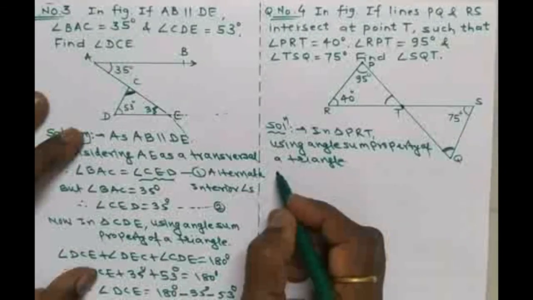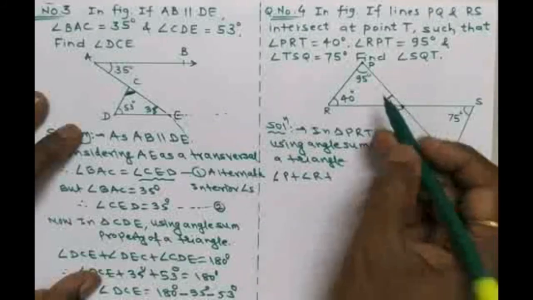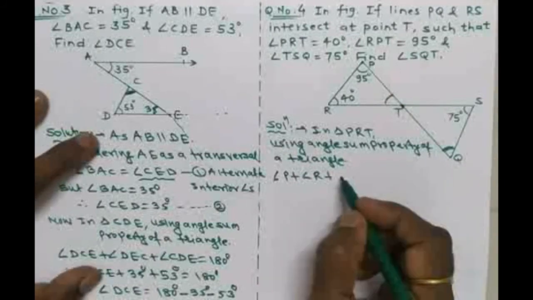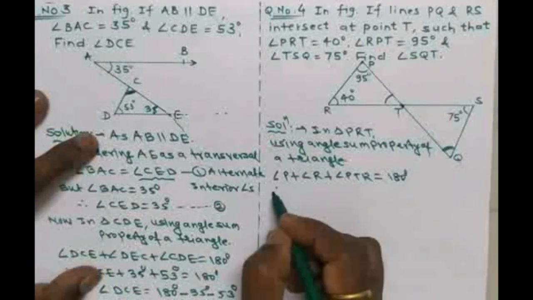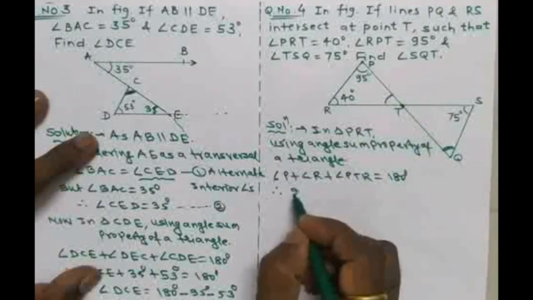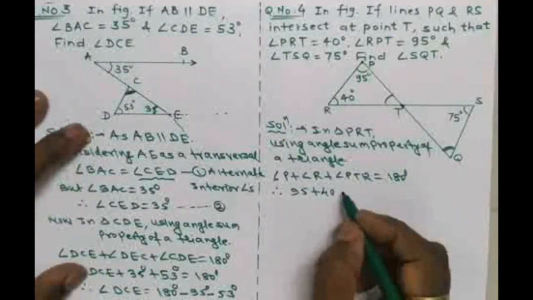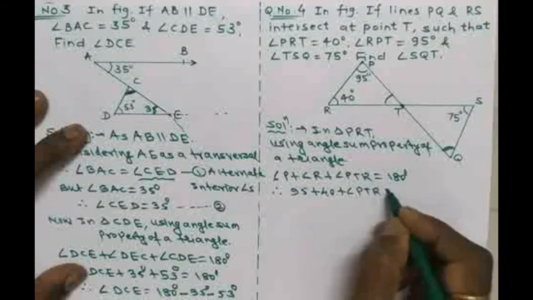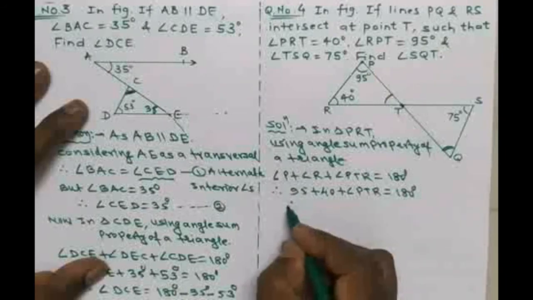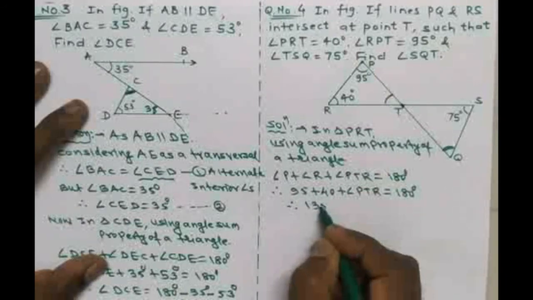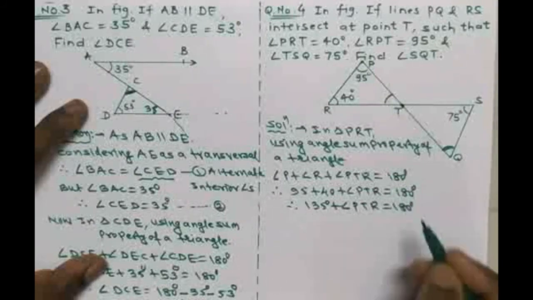Okay, so angle P plus angle R plus angle PTR equals 180 degree. Therefore angle P is 95 degree plus angle R is 40 degree, plus angle PTR equals 180 degree. Therefore 95 plus 40 is 135 degree, plus angle PTR equals 180 degree.